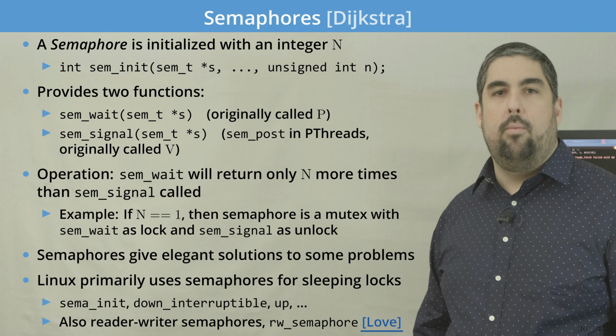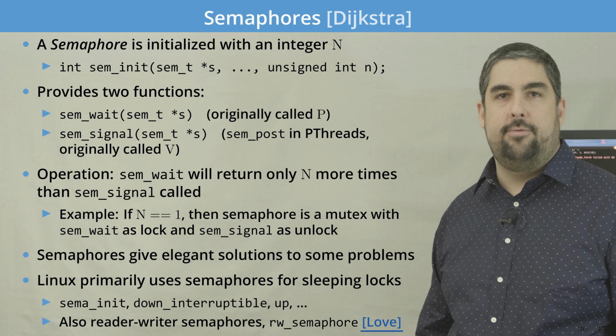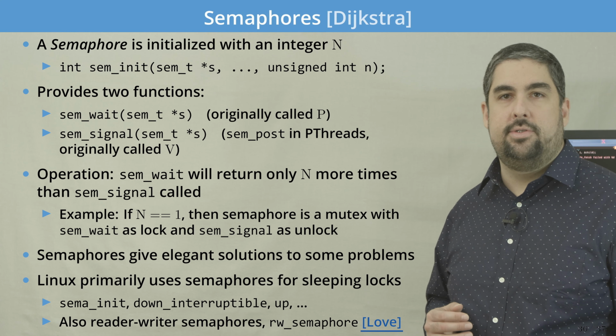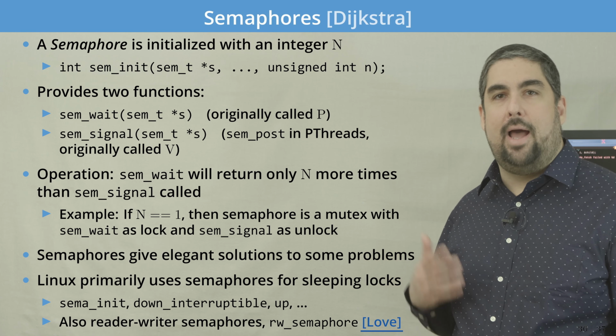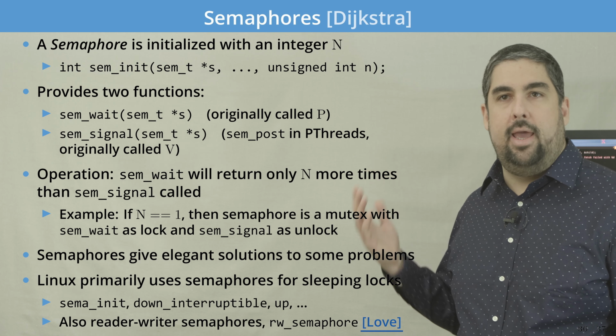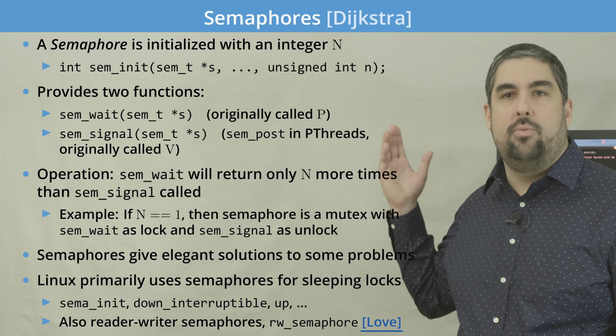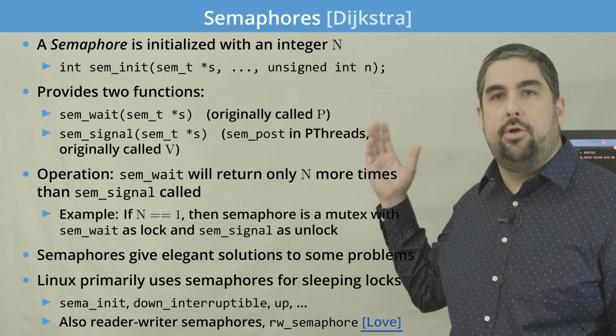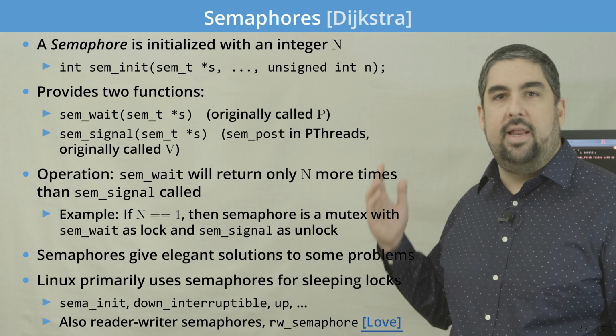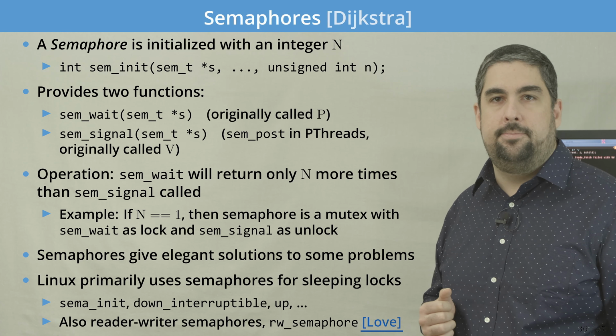So let's look at one more synchronization primitive, and that is semaphores. Semaphores allow you to initialize a count to n and then to use two functions, wait and signal, originally called P and V, that decrement and increment these counts.